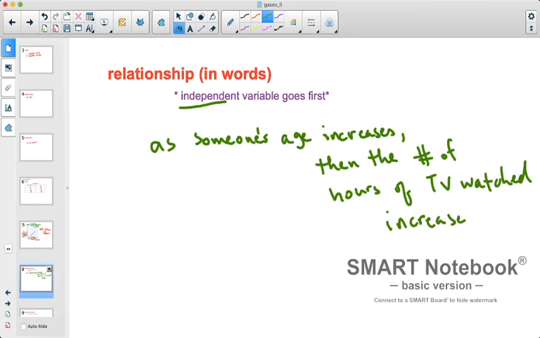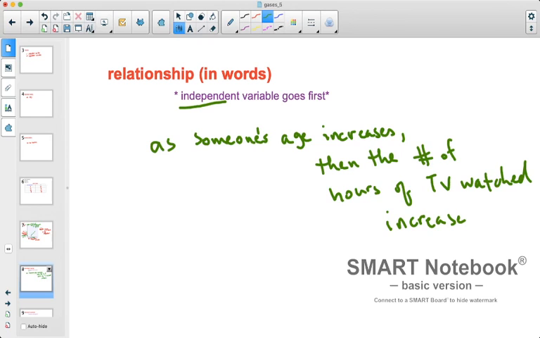So what we did here was we stated the independent variable first, which happens to be age, and then tell what would happen to that dependent variable, which is the number of hours someone watches TV. And this is what they would normally do in words.